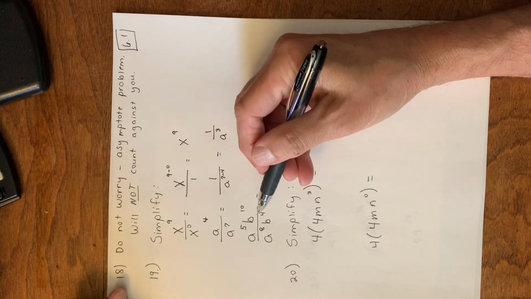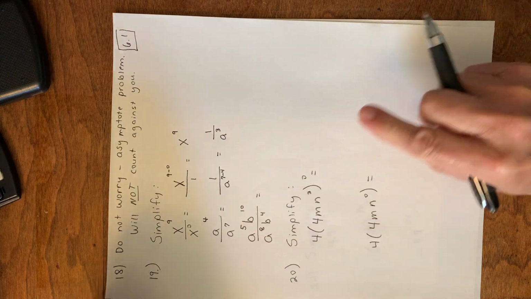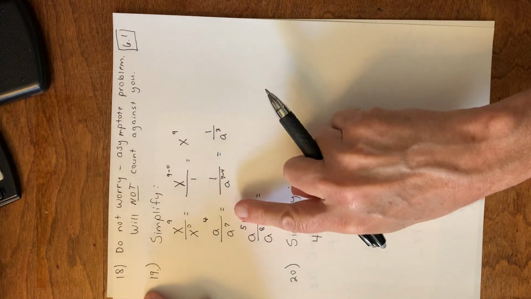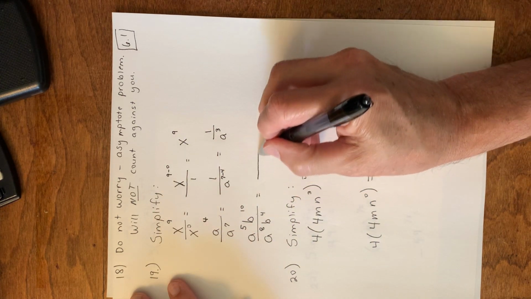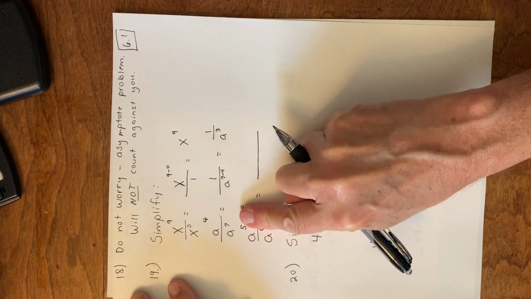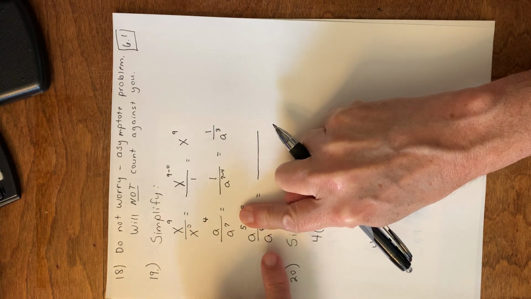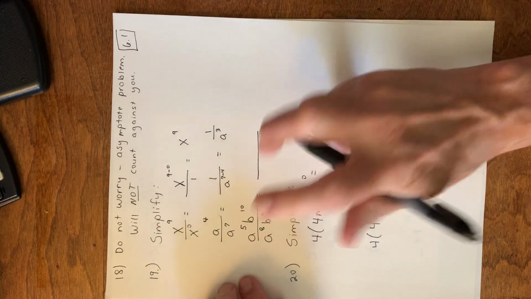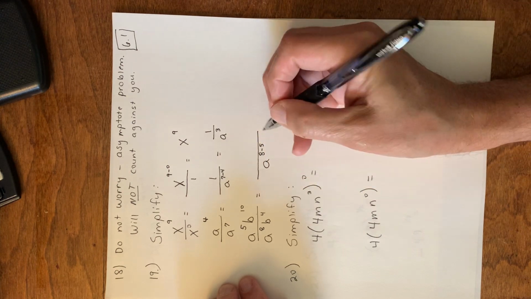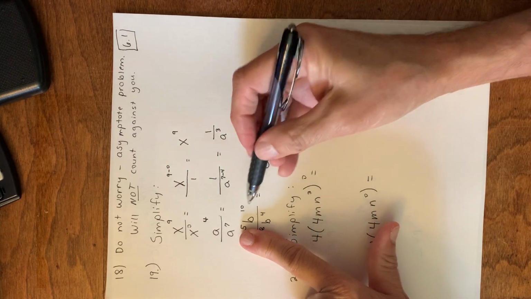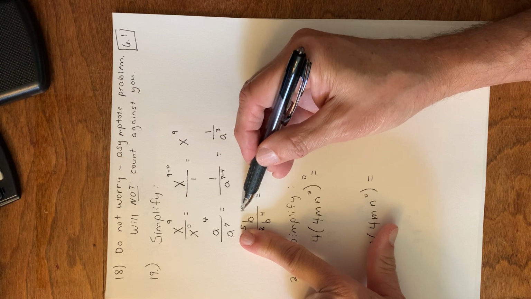Hey, in this case, notice, I got A's, I got B's. I got a problem to solve here, a problem to solve there. And I think of them separately. The larger exponent for my A's is in the denominator. That's where I do my subtraction. A to the 8 minus 5. For the B's, the larger exponent is in the numerator.